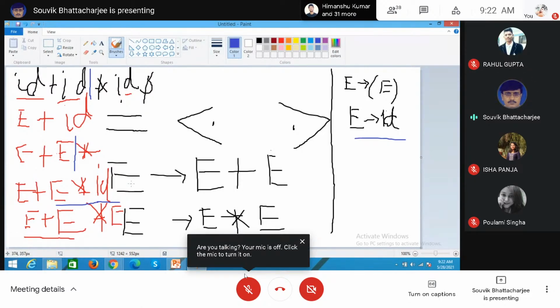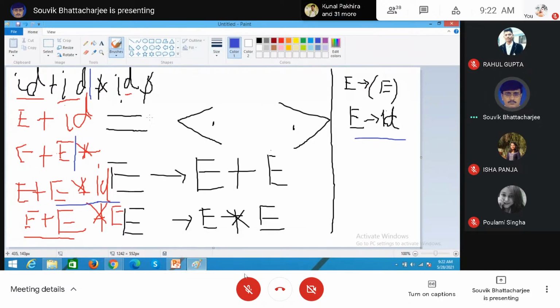You have shifted star, then you have shifted the next ID, and now ID will be reduced by E. Now the input string to be parsed is empty, and the stack contains E plus E star E. Now tell me, either E plus E can be taken as the handle or E star E can be taken as the handle.